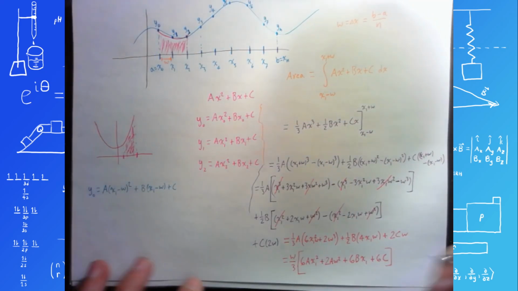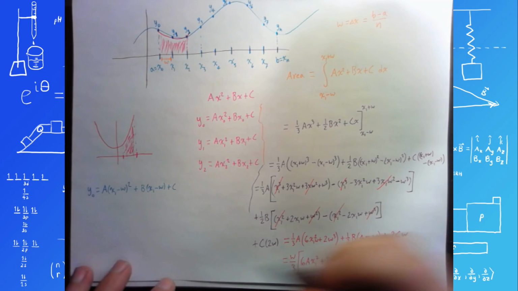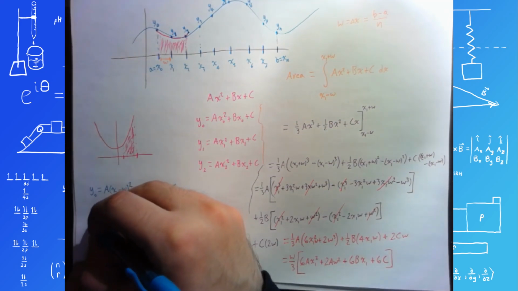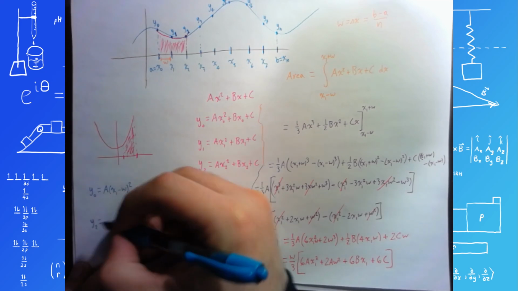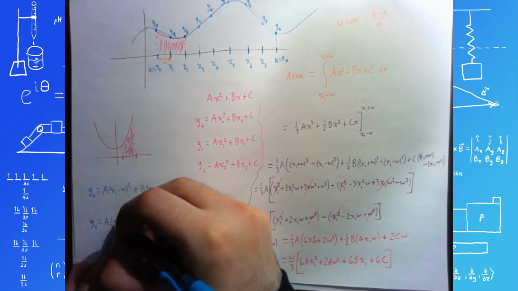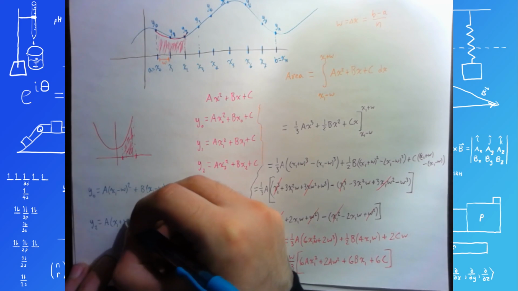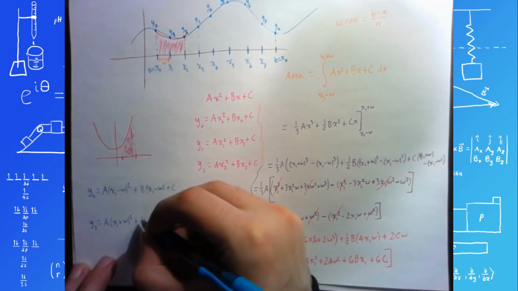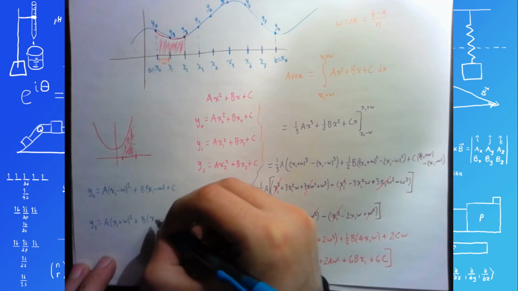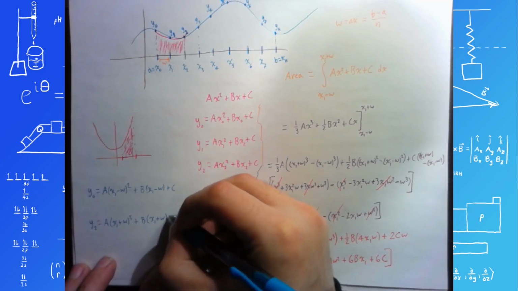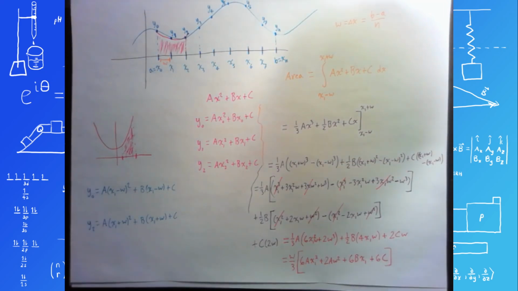And then y1 can just be copied as is. I'll leave that for later. And then y2 is going to be a times x1 plus w quantity squared plus b times x1 plus w plus c.